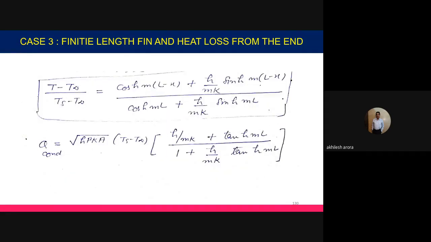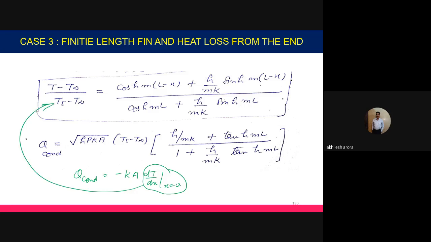And then finally, when we calculate the value of Q conduction, we have to calculate Q conduction using the equation minus kA dT by dx at x is equal to 0. So when we calculate this value of dT by dx at 0 from this particular equation, we will get this particular value of the heat transfer.